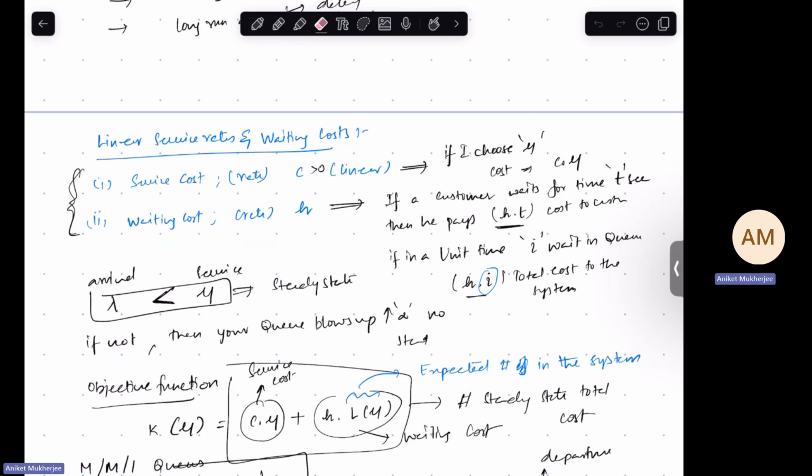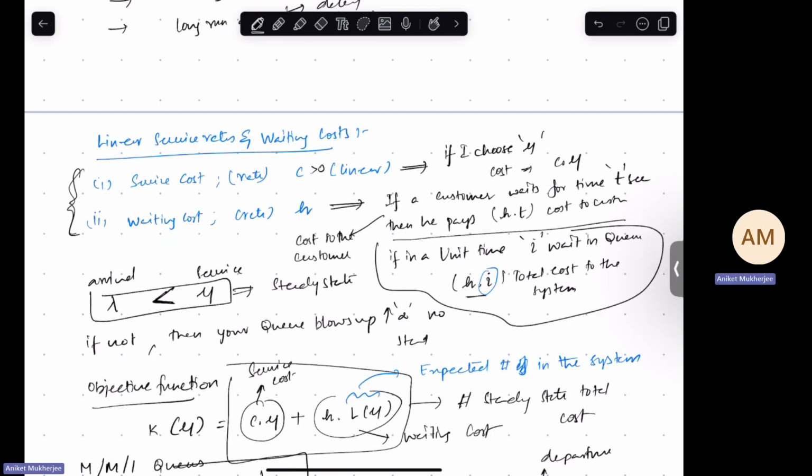Okay, so I hope this is clear. h t is the cost to the customer, and this is the cost to the system.